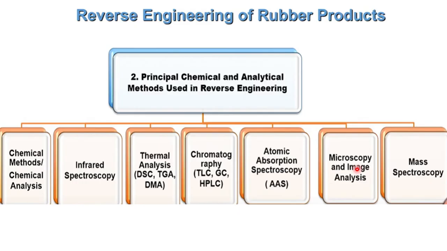What different antioxidants or processing aids are present, for that you should go for chromatography. Atomic absorption spectroscopy gives the elemental composition, and microscopy or image analysis digs further into the surface morphology; based on the image, you can get to know the particle size and the grade of the filler.